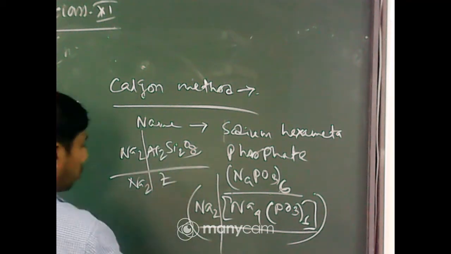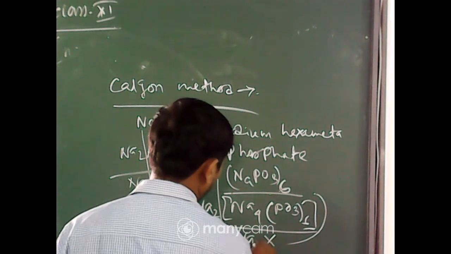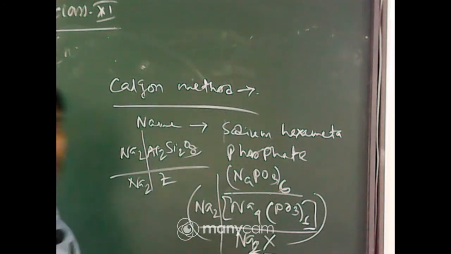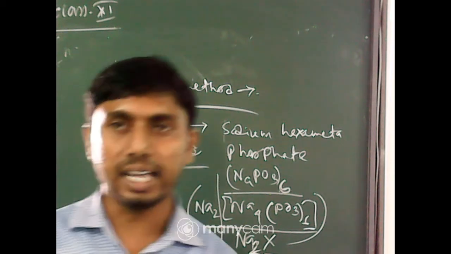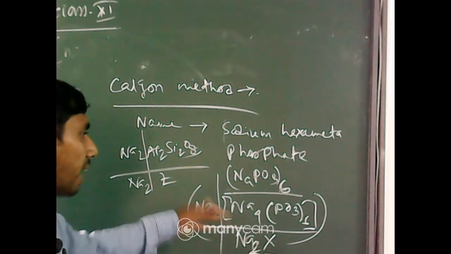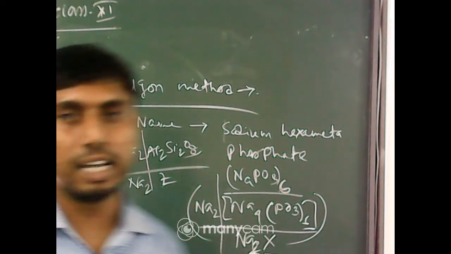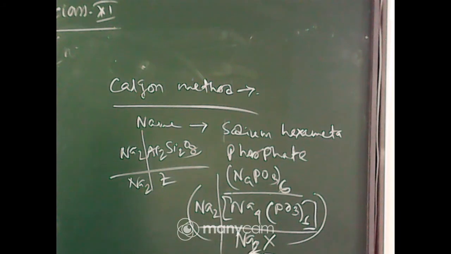Here also we can make a generalization of Na2X. When hard cations, calcium and magnesium, pass through the Calgon, it exchanges the Na plus for the calcium. So, this is the Calgon method of removing calcium or magnesium.